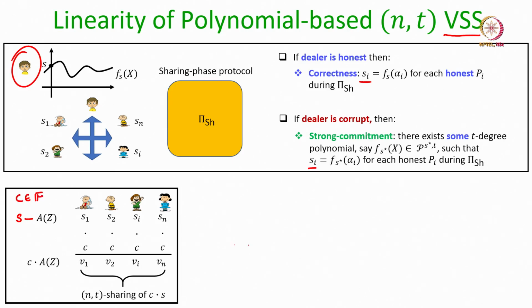Now, if every party just multiplies its share of s with this value c, and then if we focus on the resultant vector of shares, this resultant vector constitutes a vector of shares lying on a t degree polynomial. That t degree polynomial is c times the A polynomial.